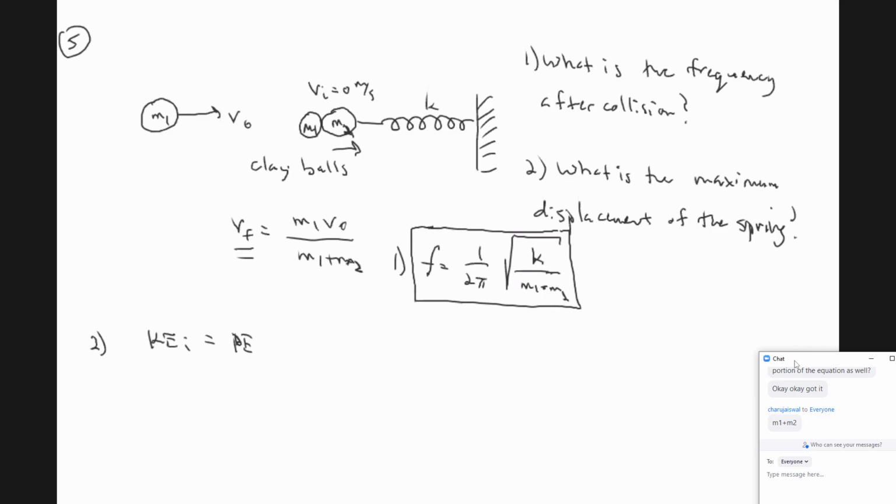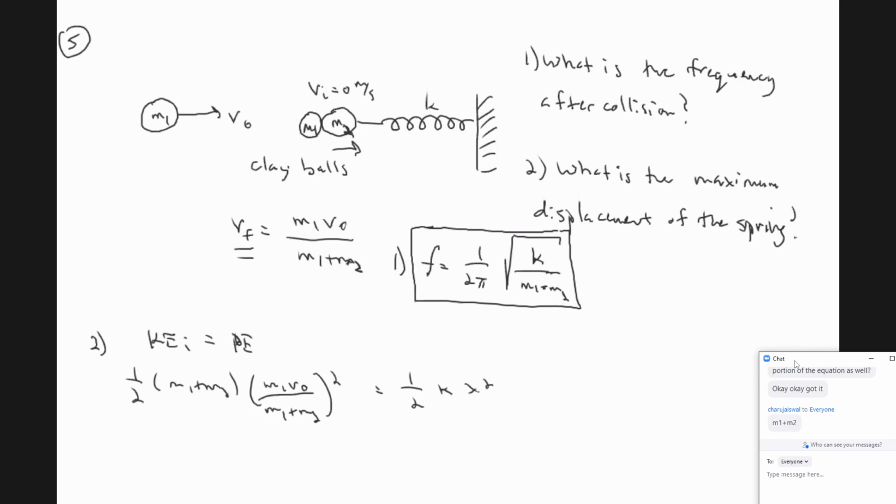So we have 1/2 times the mass, which is m1 plus m2, because they're colliding, sticking with each other, times v squared, which is m1 v naught all over m1 plus m2, whole squared, right? That's going to be equal to 1/2 kx squared.